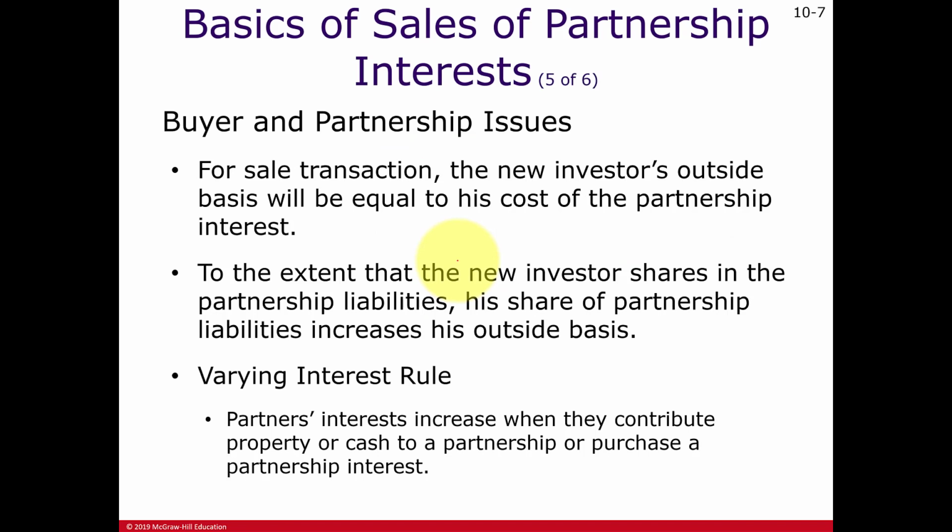So if you're buying a partnership interest from an existing partner, then whatever you pay for that interest is not going to be known by the partnership directly, but that's going to be your initial cost basis. And to that, you're going to add any share of your partnership liabilities to get the total outside basis of that partnership interest.